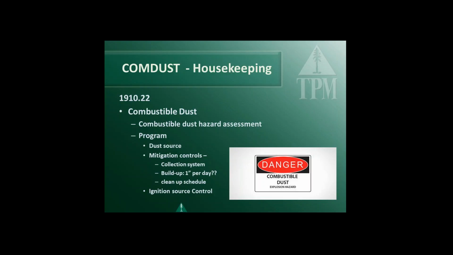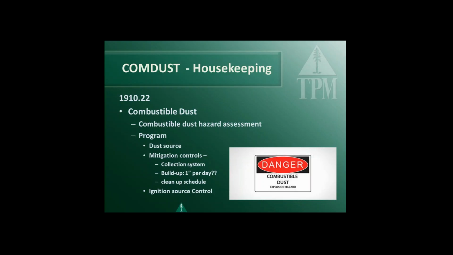But anyways, after all that, in that program you also put ignition sources, because we all know fires come from a few elements. You have to have the fuel, you have to have the oxygen, you have to have the ignition source, and for explosions, you have to have confinement also. That's why when I go around and do inspections, I let you guys know about everything.